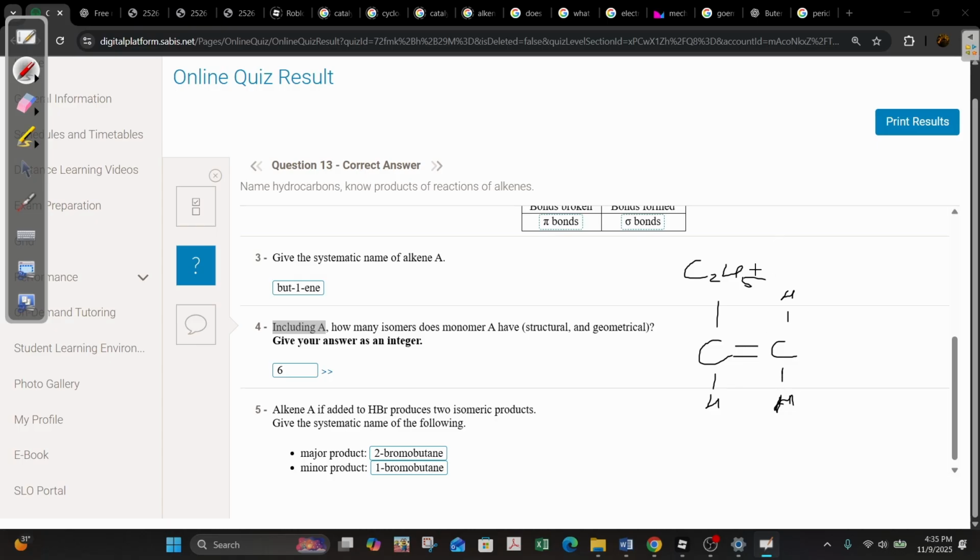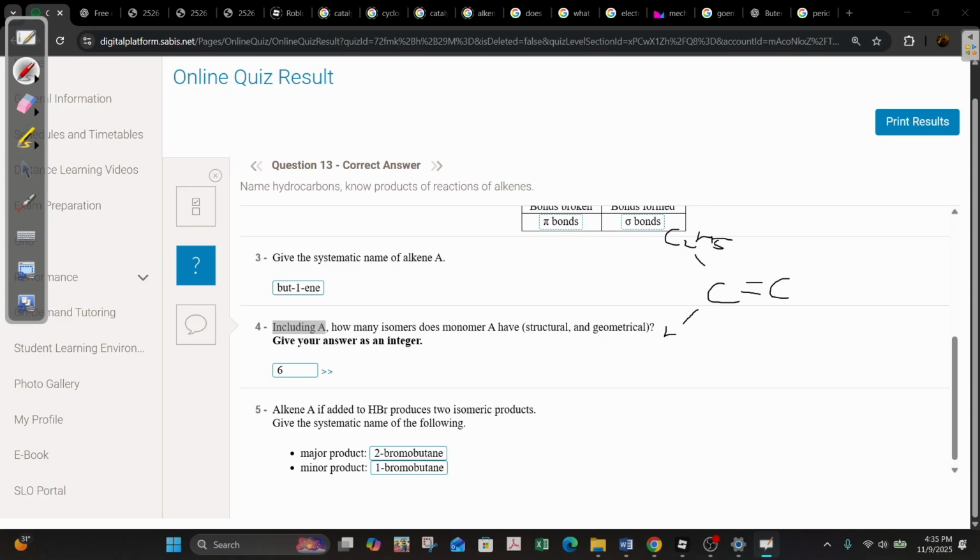So first of all, you have the geometric isomers, which are cis and trans, right? So you have CH3 here, CH3 here. This is trans, or you could have a cis, which is up top. So that's two already. For structural, oops, let me just redraw it again.